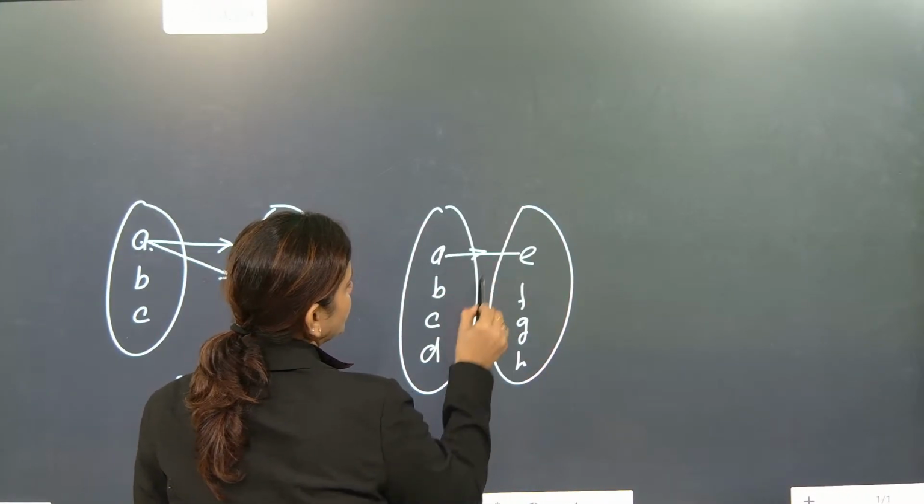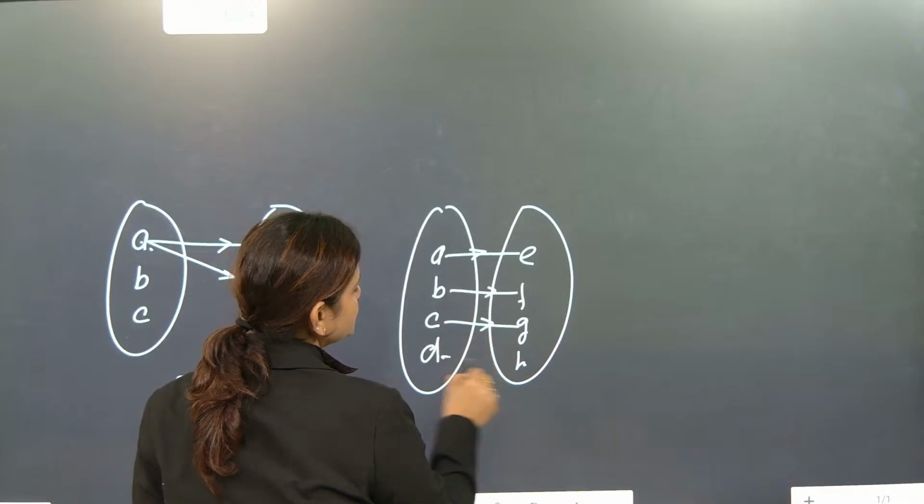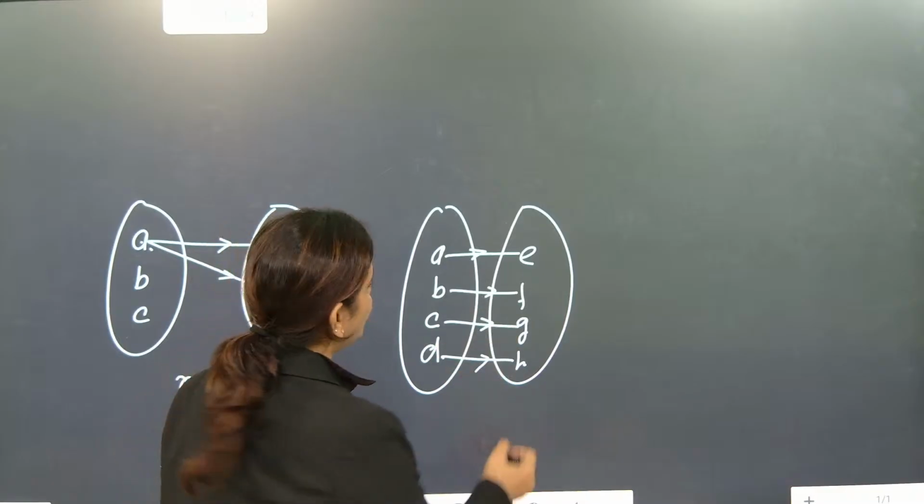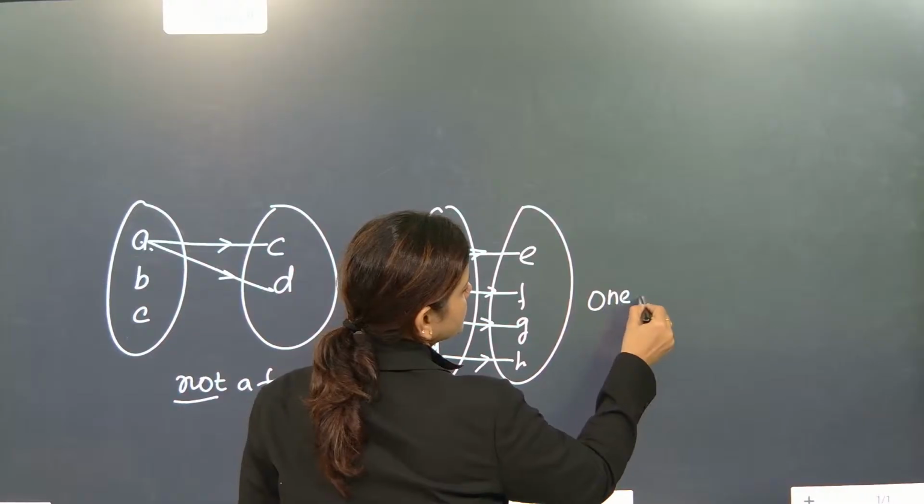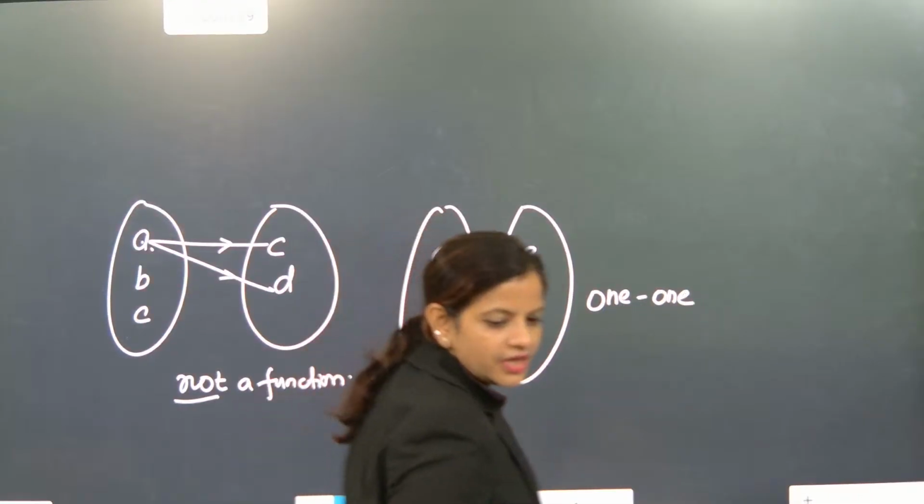So A to E correspondence, when there is 1-1 correspondence, it is called 1-to-1 correspondence. Single.